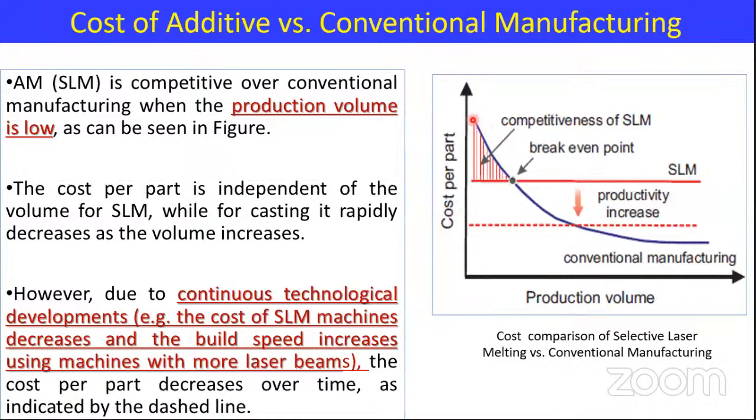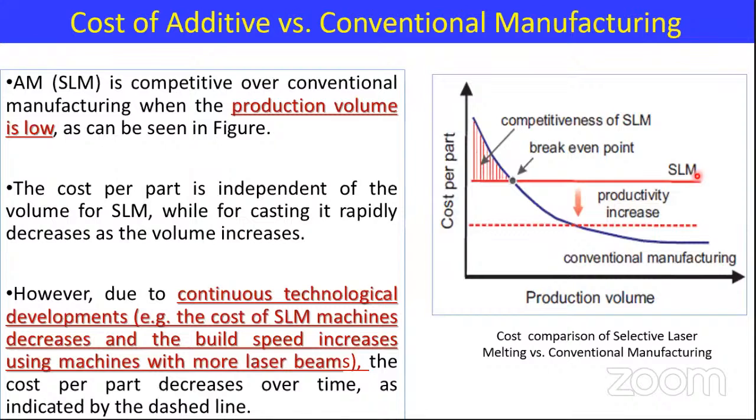So if you carefully observe, this blue color line is your conventional manufacturing setup. You can see that when we have very less part to be manufactured, obviously our conventional manufacturing route will have higher cost. And as we increase the number of parts to be manufactured, let's say when we move over from job type production to mass production, then obviously the conventional manufacturing route is going to be rewarding.